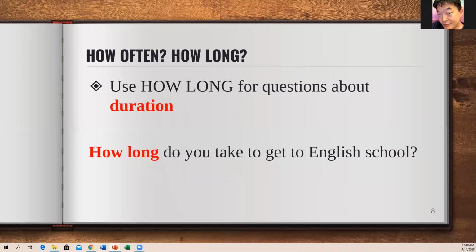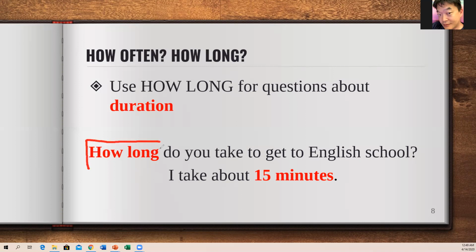Look at the example. How long do you take to get to English school? I take about 15 minutes. Remember, again, you have how long in the beginning of the question, always in the beginning, the same for how often, and then the question is after that, okay?